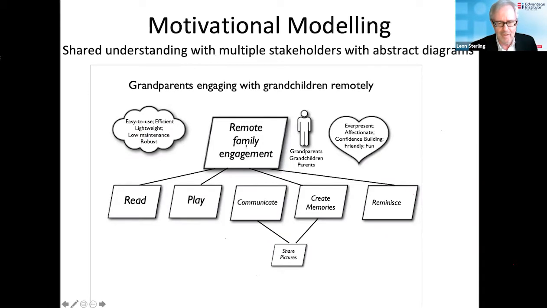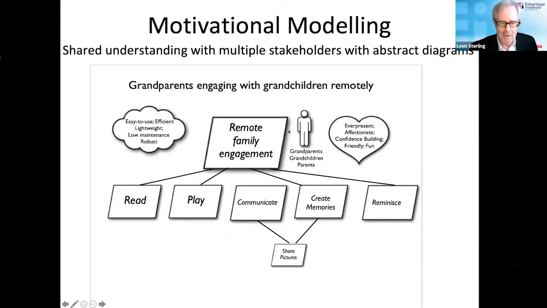I call this a motivational model, and they've got the symbols that I had on the improvement slide. The overall goal is to encourage remote family engagement, where you've got grandparents, grandchildren, and parents. And by the way, parents are really important. While it's good that grandparents and grandchildren interact, you certainly need the moderation of parents, and they're important stakeholders to be considered.